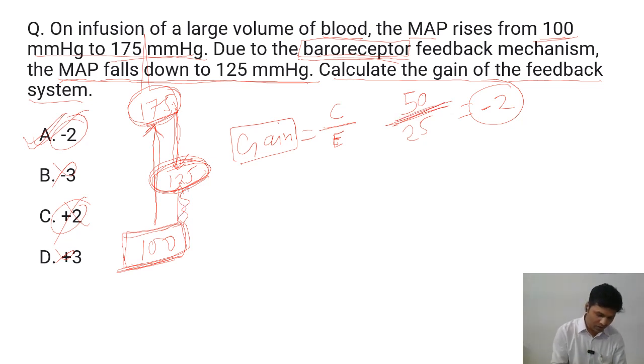What error remains? It was 100 and it reached 125, and it should go back down to 100 millimeter of mercury, but still has not reached that level. So the error remaining is 25, and correction divided by error is 50 divided by 25, so 2, or we can say -2, because this works based on a negative feedback mechanism.